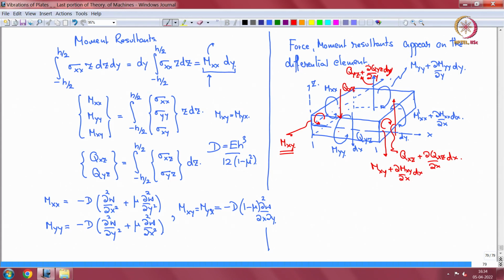Then lastly we have MYX and the incremented version, MYX plus del MYX by del Y dy.